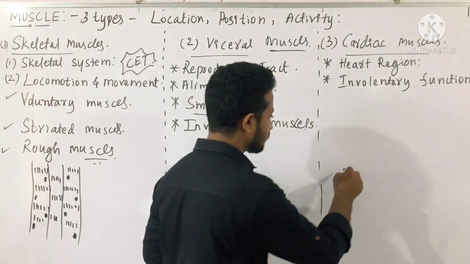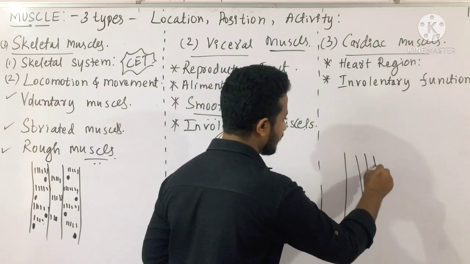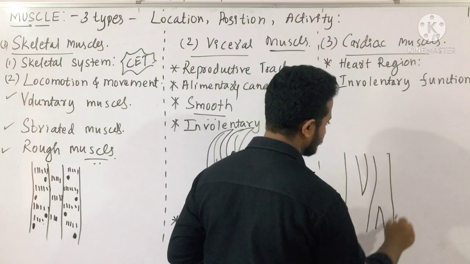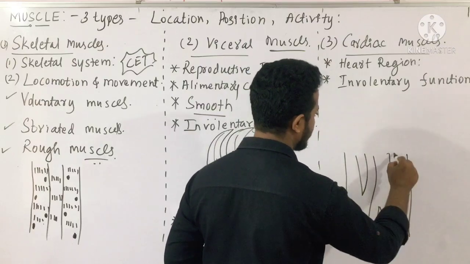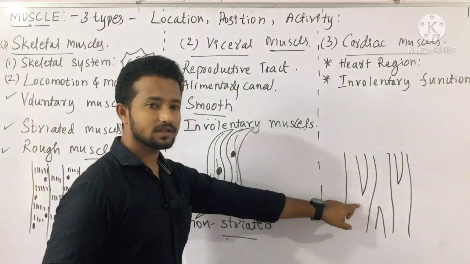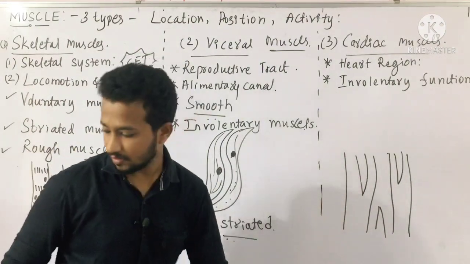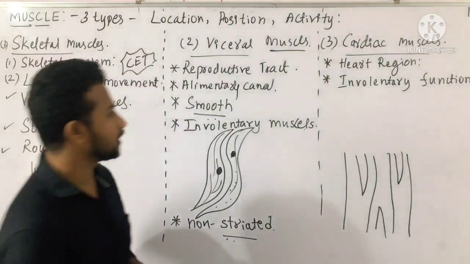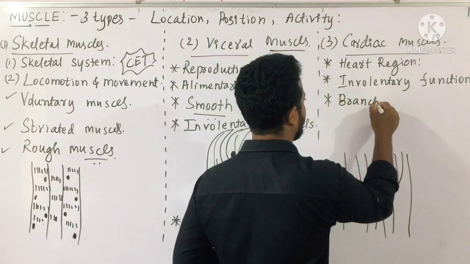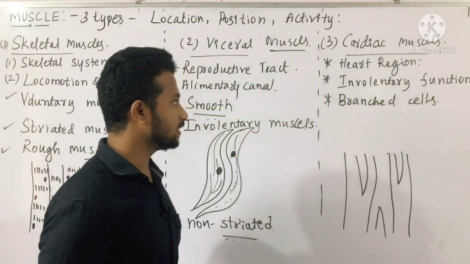Structurally, cardiac muscles are slightly different from the visceral muscles and also from the skeletal muscles. See, here I have drawn the branches. Due to the presence of these branches, they show a branched appearance. The cells are branched in their nature.